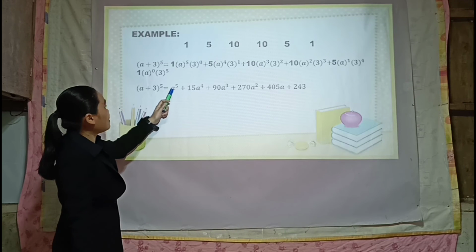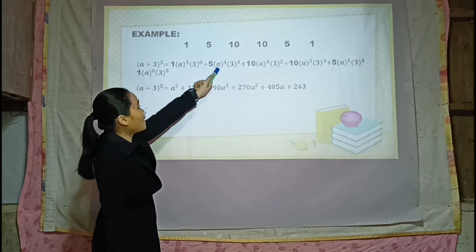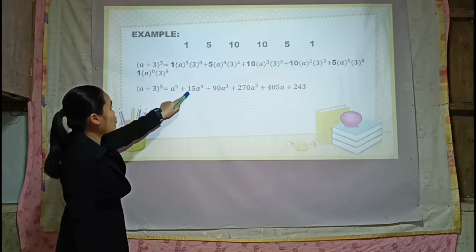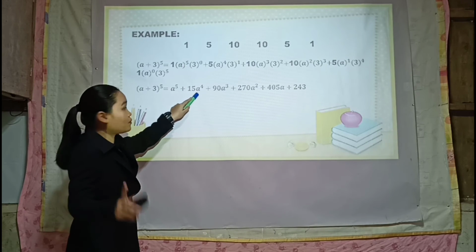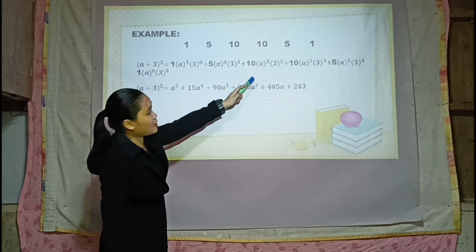So, we have a raised to 5 plus the product of 5 times a raised to 4 times 3 raised to 1 is equal to 15a raised to 4 plus 10a cubed times 3 squared.